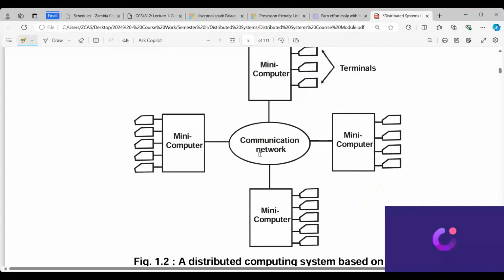So what's happening here is that each mini computer is able to access the resources located on another mini computer via the communication network. Okay, so that's what we are talking about.